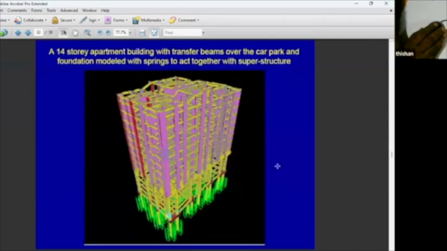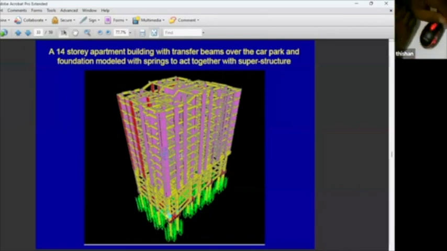Now, associated with the same transfer plate, you can see the transfer beams are here, and at the edge of the transfer beam, you get a wall. Generally, we expect to load a beam at the center.